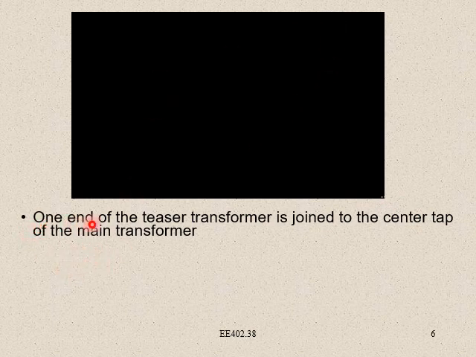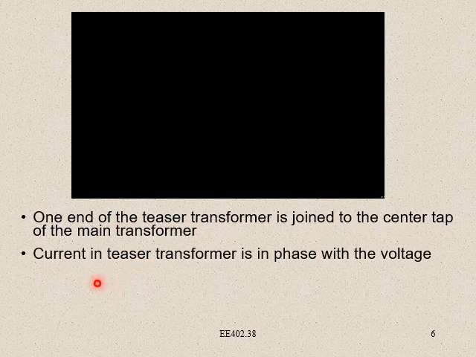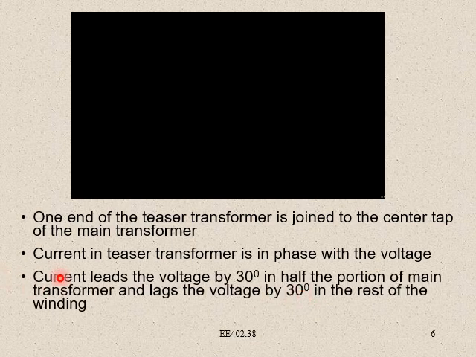Here one end of the teaser transformer is joined to the center tap of the main transformer. The current in the teaser transformer is in phase with the voltage, and current leads the voltage by 30 degrees in half the portion of the main transformer and lags the voltage by 30 degrees in the rest of the winding.